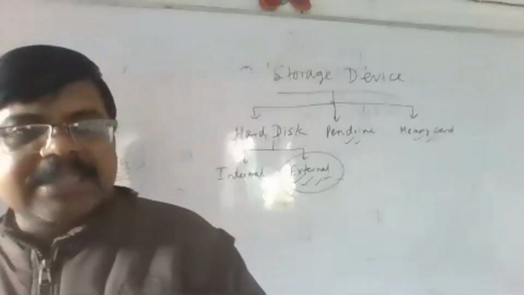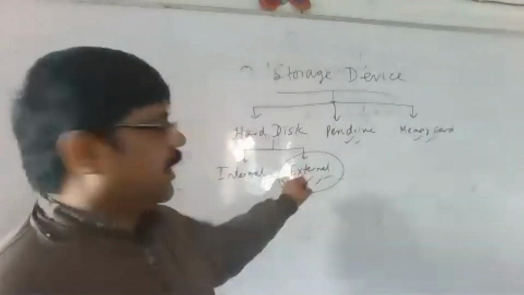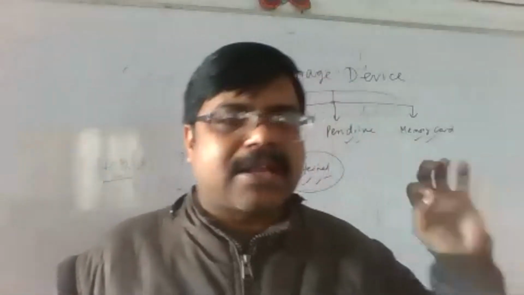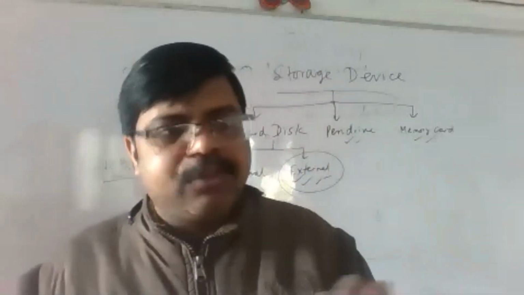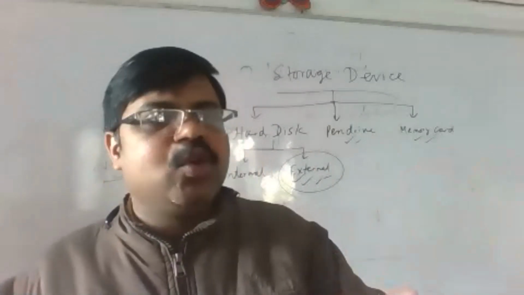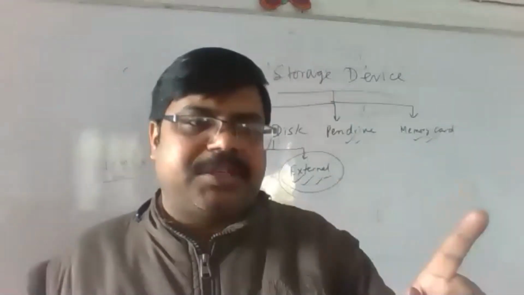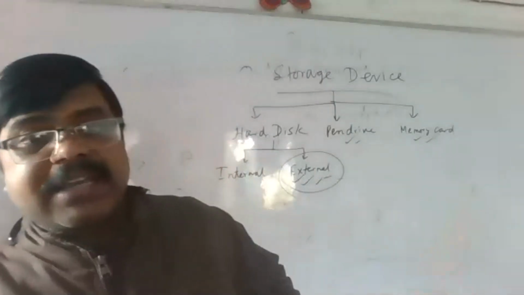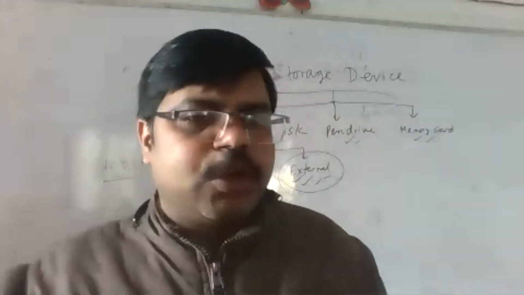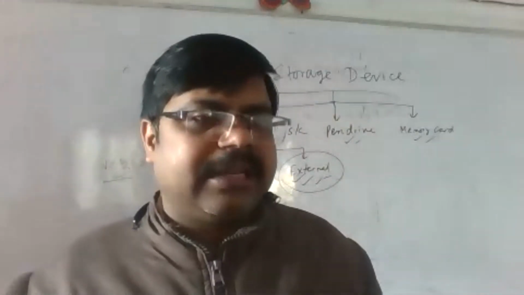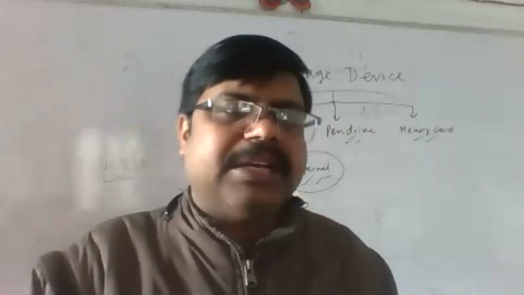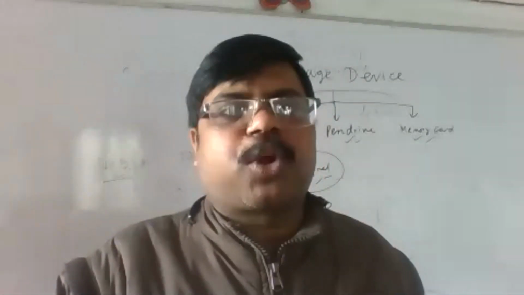So in that case, you must think about an external backup. Pen drive, no problem. Memory card, no problem. But the data from where you are copying, don't try to delete it. Once that data is deleted, and the data you have taken in your pen drive or memory card also gets deleted, then you are going to face problems.